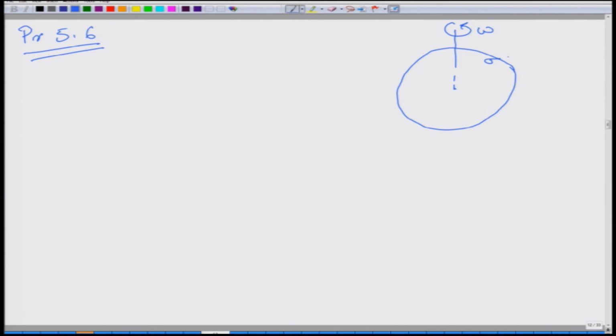It also has a surface charge density sigma. So if you consider an infinitesimal ring dr, which is at a distance r from the origin, the current through this ring is nothing but 2 pi r dr sigma omega by 2 pi.